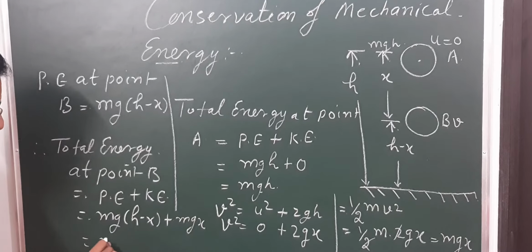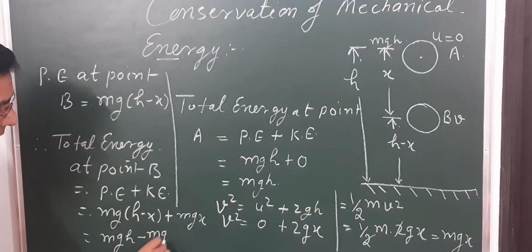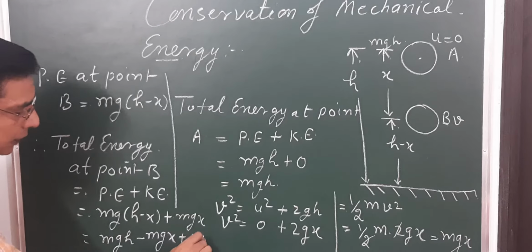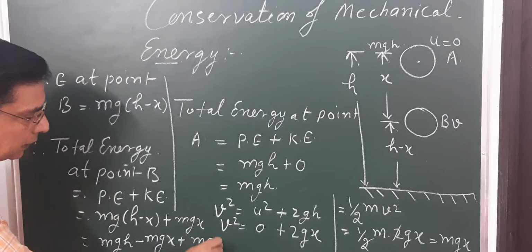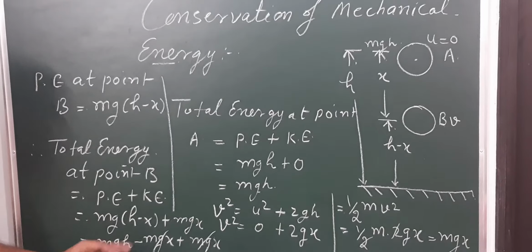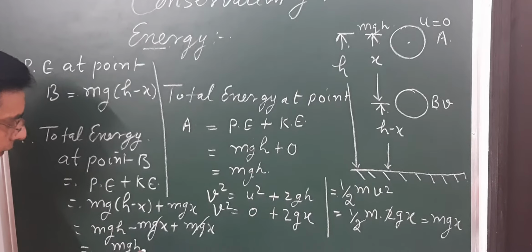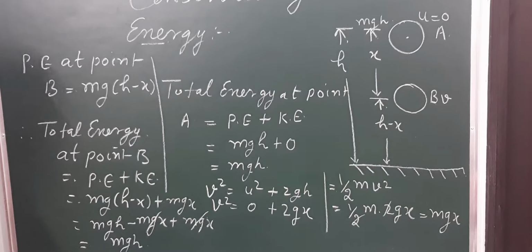When we open this bracket, mgh minus mgx plus mgx, these two mgx are cancelled out, one has the negative and the other the positive, therefore the total energy will be equal to mgh.